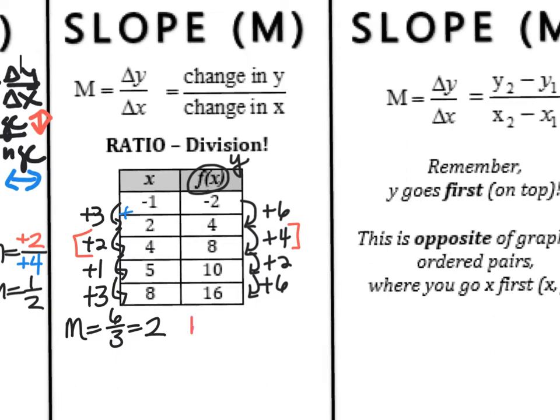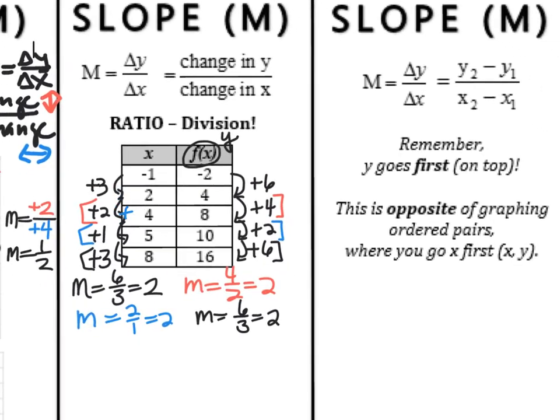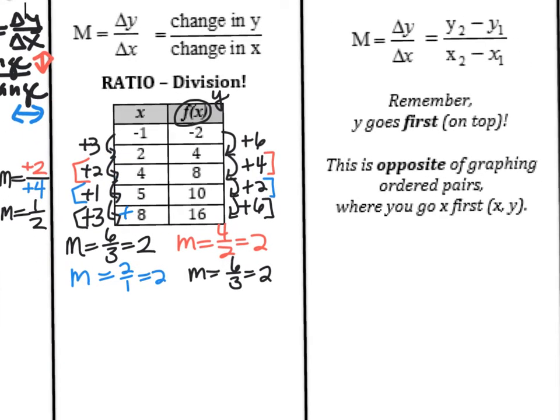Does that also reduce to 2? Well, yes it does, and I need to keep going to make sure that that is consistent throughout my whole table in this case. And then that last one is actually a repeat. I don't have to do that again since I've already done 6 over 3, and I know that that's 2. Since they are all the same, then that means my slope for that is 2.